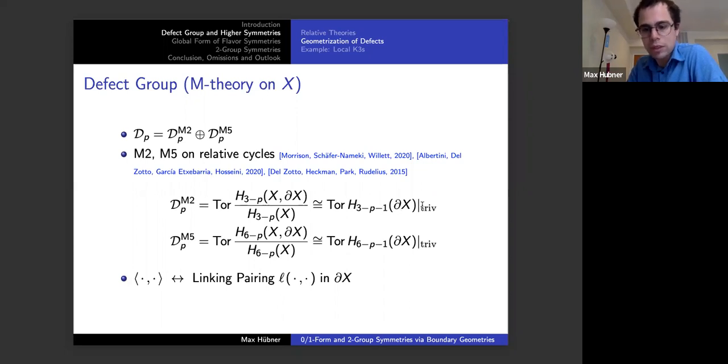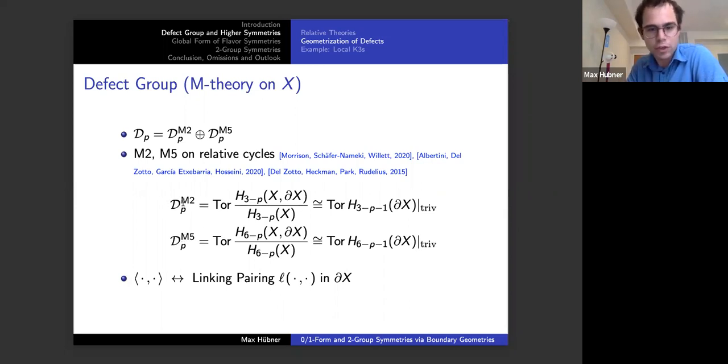So, for example, consider we have a one cycle in the boundary, which trivializes when included into the bulk. This means that somewhere in the geometry there exists a point where I can shrink this one cycle. And so starting from there, I could have alternatively fibered it radially outwards and constructed a cigar-like thing. And it's these kind of non-compact cycles that we wrap M2 branes and also M5 branes on.